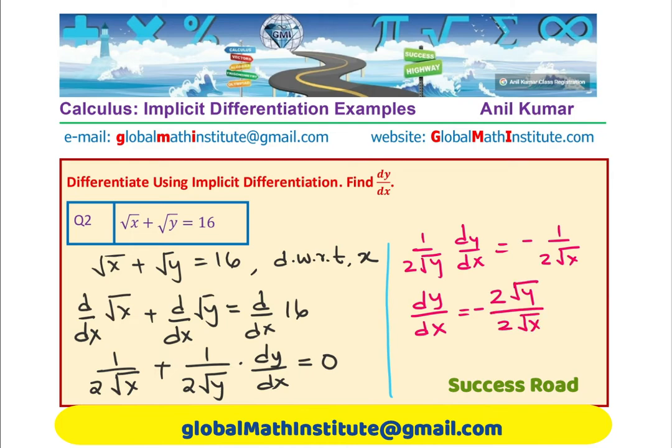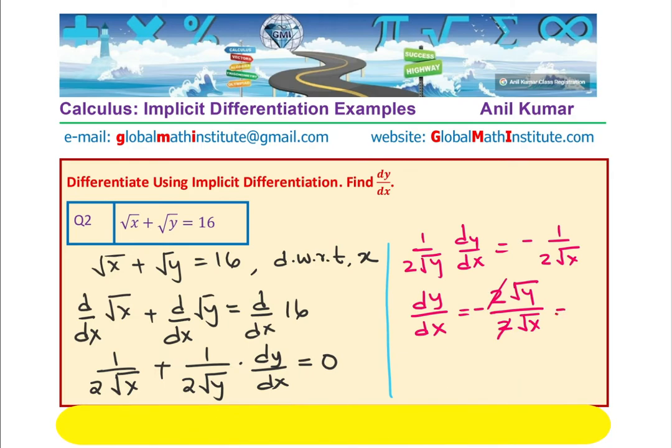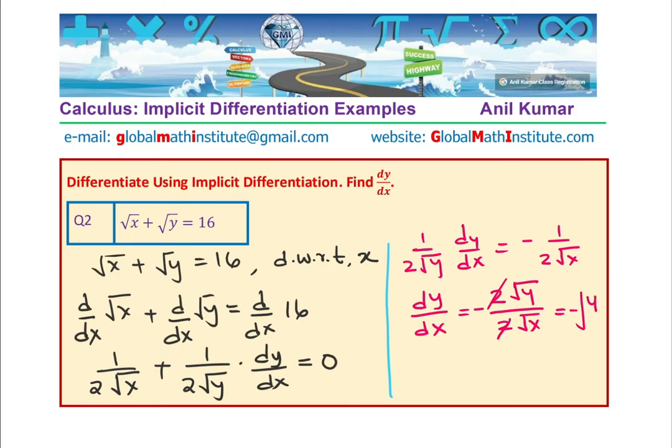The 2 and 2 cancel, and you do get minus square root of y over x. So we find our answer: dy/dx equals negative square root of y over x.